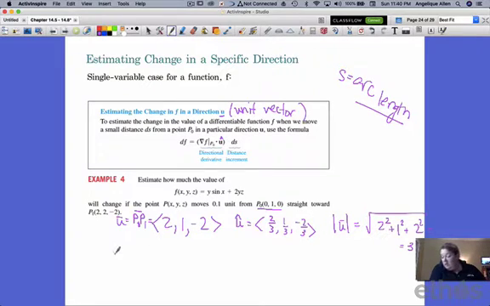Okay, so now we want to dot this with our gradient vector. So we need to take our gradient, we need to figure out what grad f is, and then we need to evaluate it at p naught. Okay, we've got the partial derivative with respect to x here is going to be y cosine x.